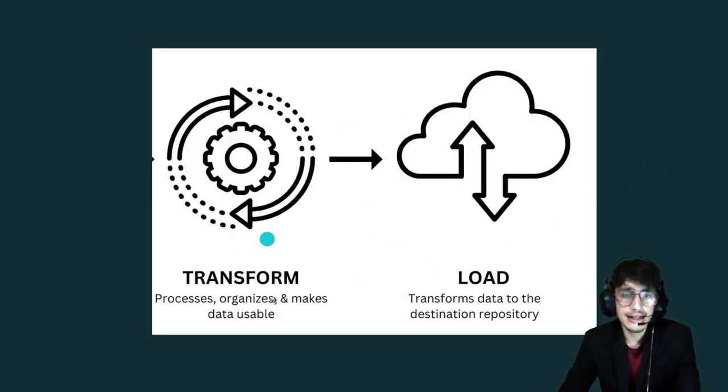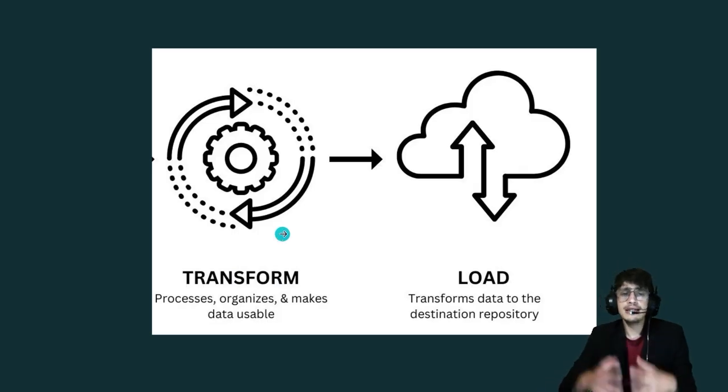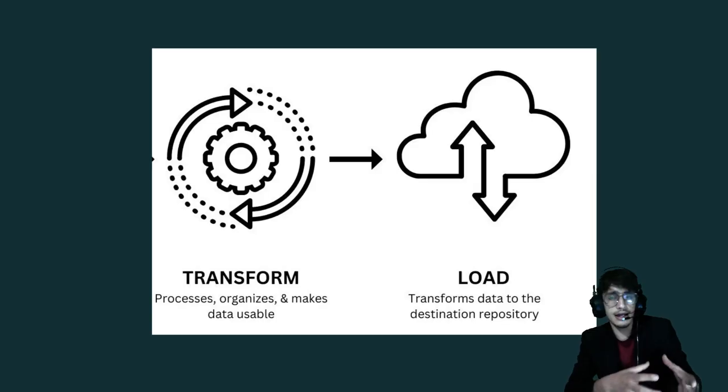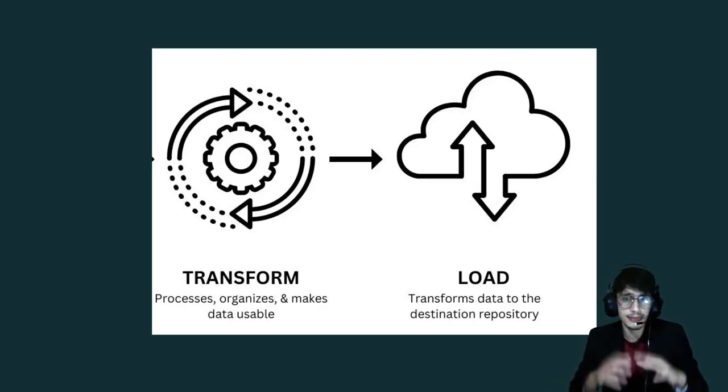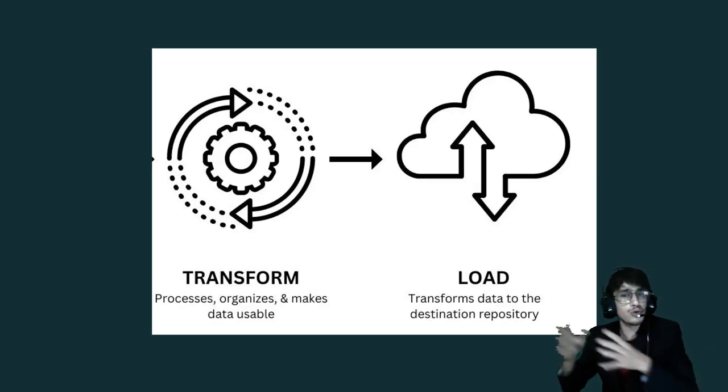Transform. In transform we process and organize data into a usable form. For example, take an image of a policeman. I can't analyze the image of a policeman, and I can't give the image of a policeman to a model.